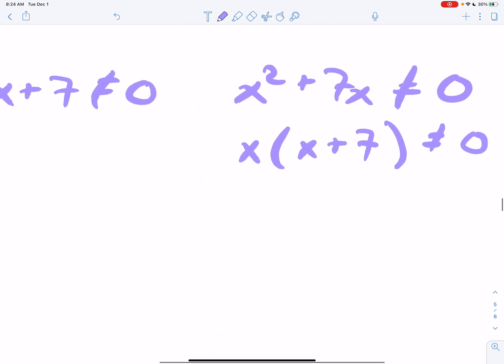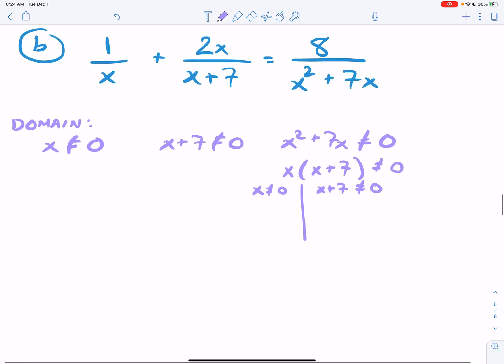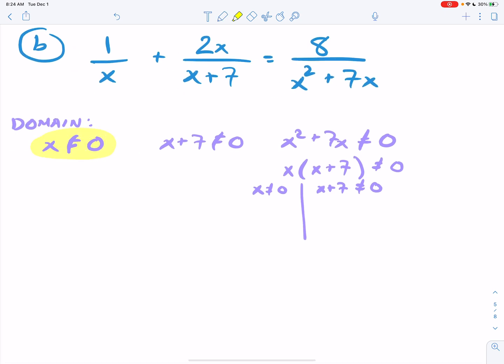Notice how we can set each factor equal to 0 now, or not equal to 0 in this case. Okay, and notice how we happen to get identical situations. Almost always when you factor, you will get common factors that you can play with, okay?